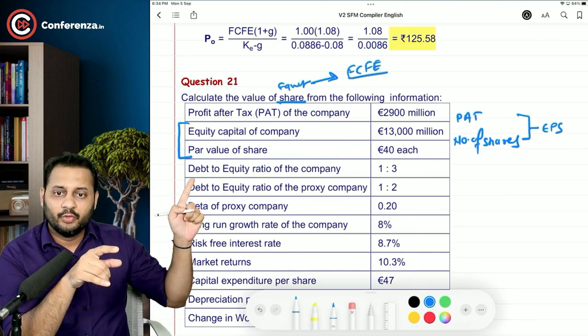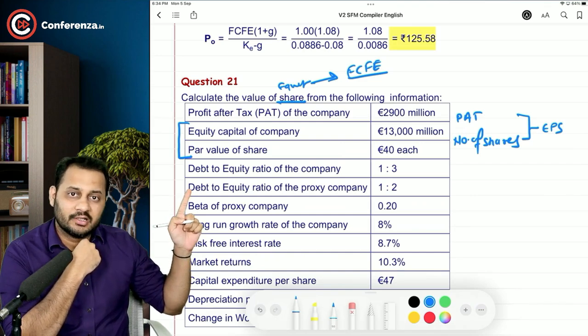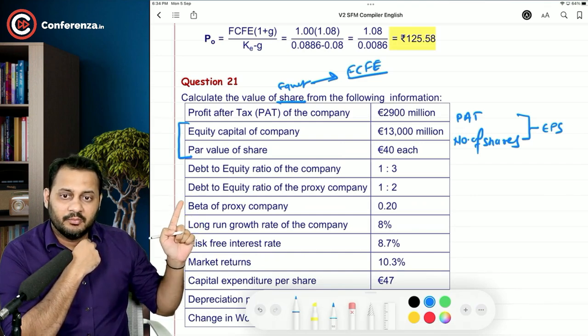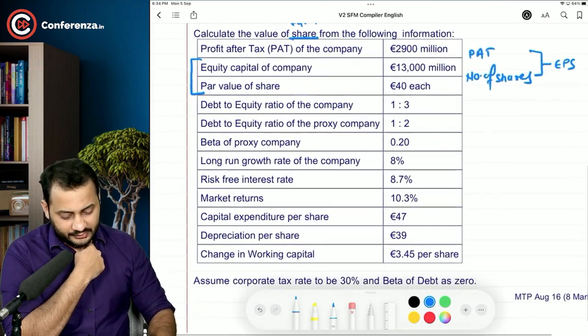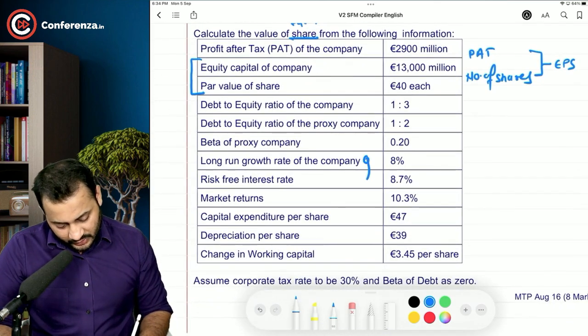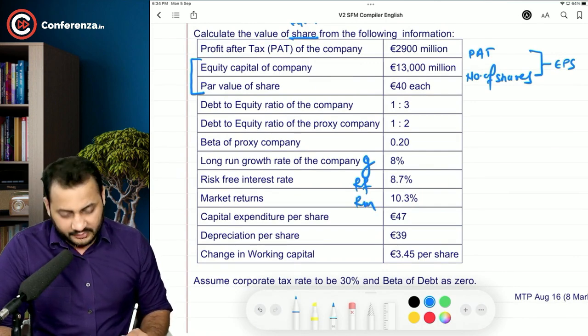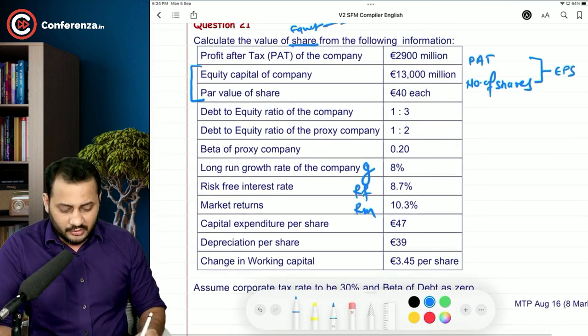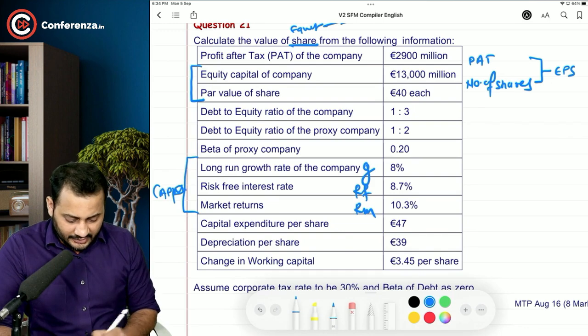Okay, debt to equity ratio of the company, debt to equity ratio of the proxy company, another company, beta of the proxy company. Now understand where things are going. Long run growth rate. This is the long run growth rate, risk free rate of interest, market return. Now these 3 figures will help you to calculate CAPM, but one thing is missing in that, which is beta.